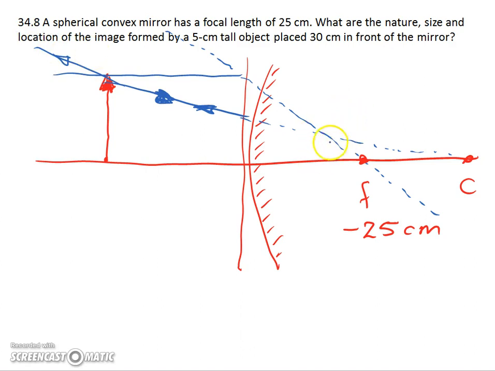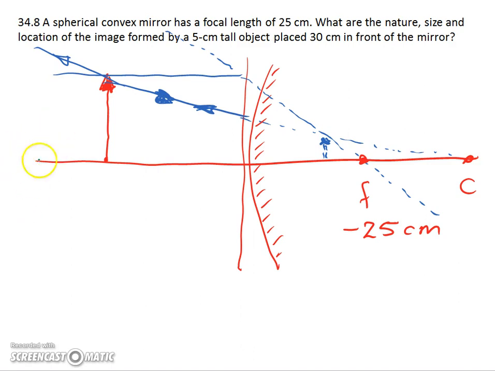So where the rays cross is where the virtual image is formed, and you can see that the image will be upright and it will be reduced. Now let's do the math.